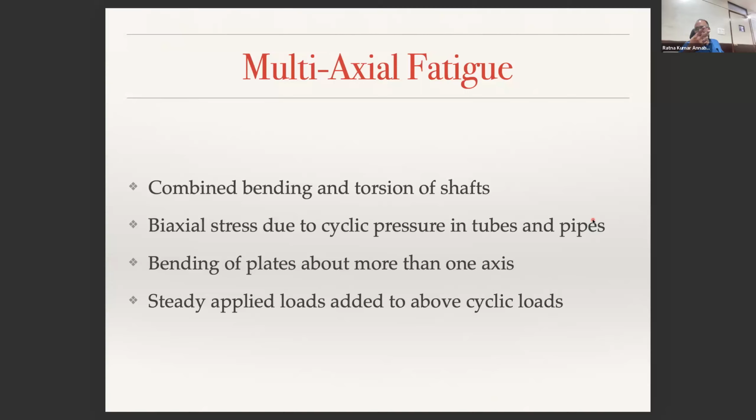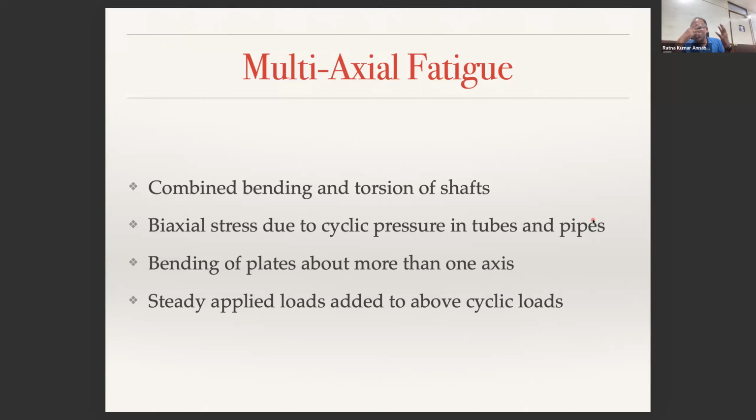We did not, because the assumption was a one-dimensional state of stress, with only one component of stress in the material. But in reality you will have a much more complex scenario. The stresses sigma xx, sigma yy, sigma zz, tau xy, tau yz, tau xz, all these combinations will be there.